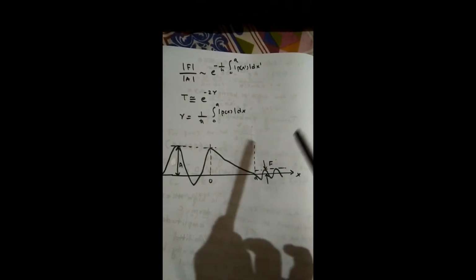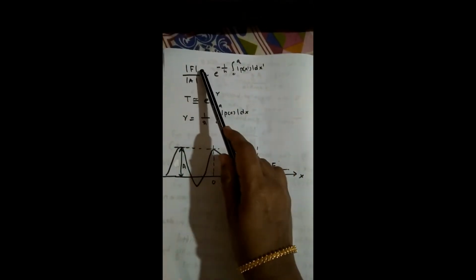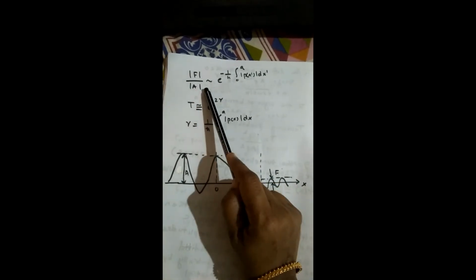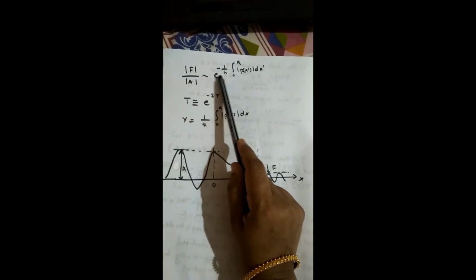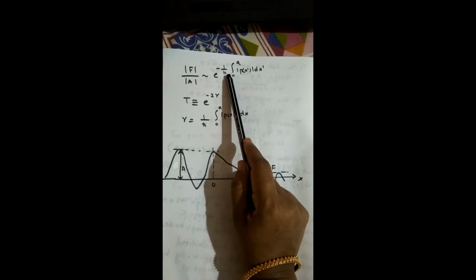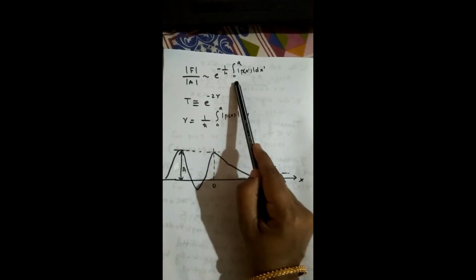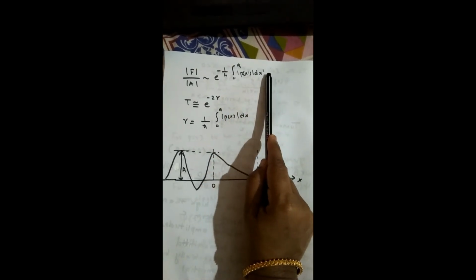We know the transmission probability will decrease once it is passing through a barrier, and the final expression will be given by F modulus a, which is equal to e raised to minus 1 by h bar integral from 0 to a of P(x') dx'.